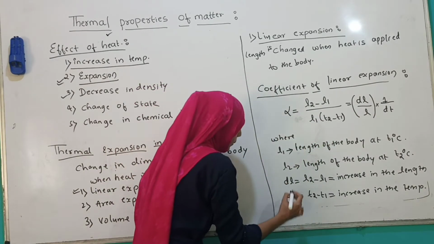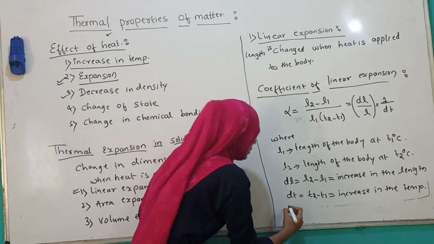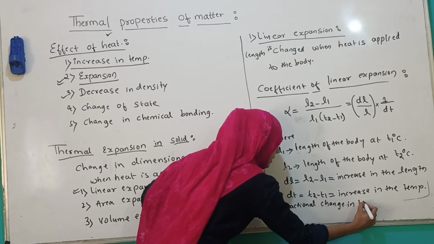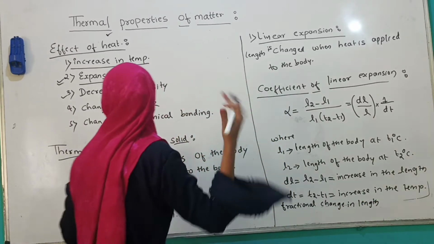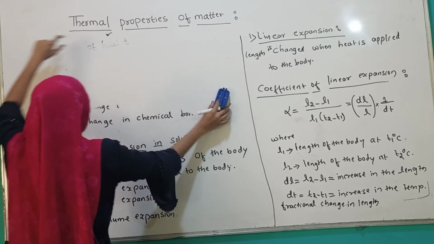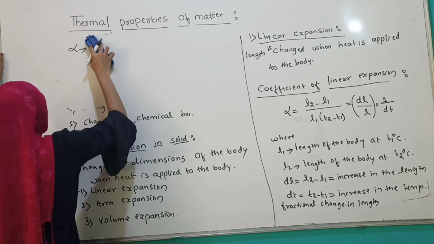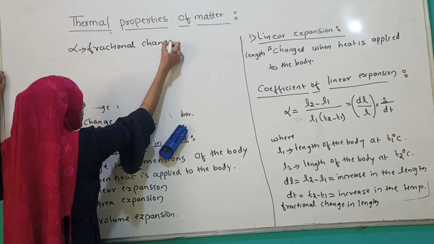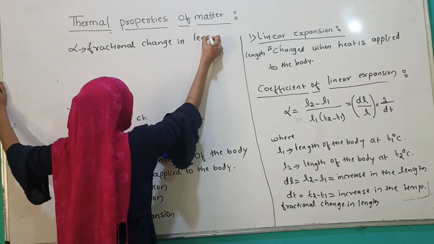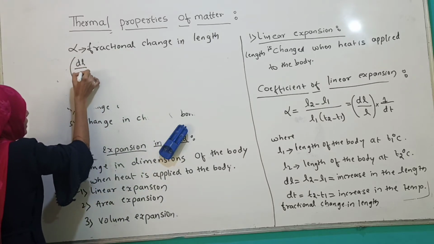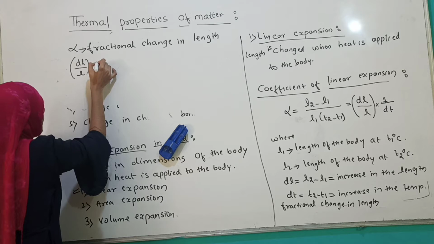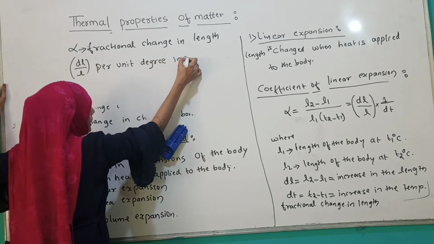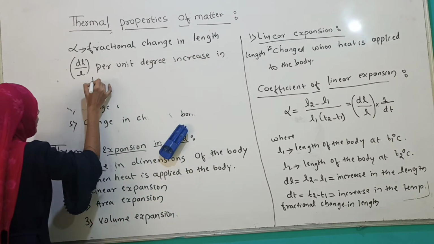So we can define this alpha, the coefficient of linear expansion, as the fractional change in length, that is dl by L, per unit degree increase in temperature.